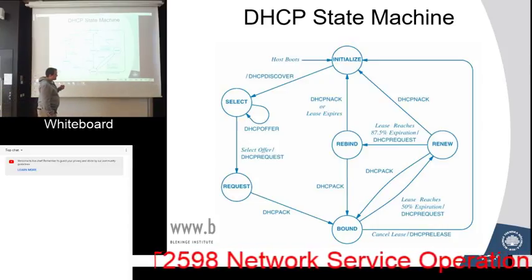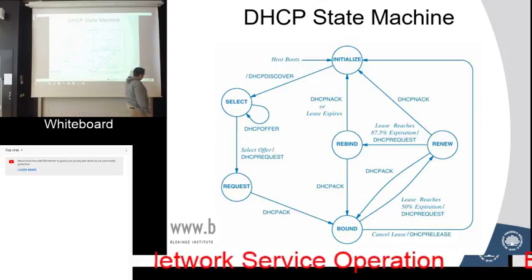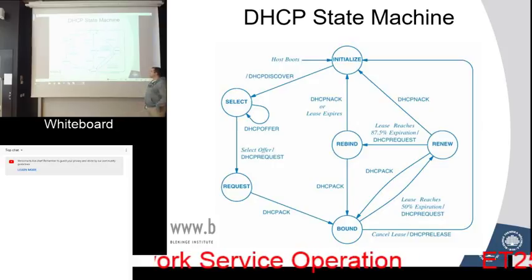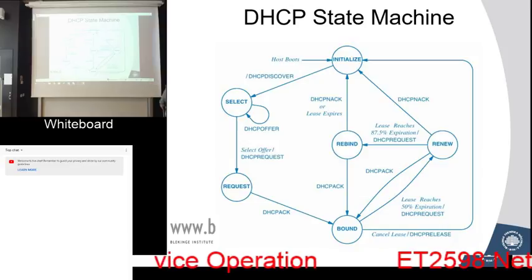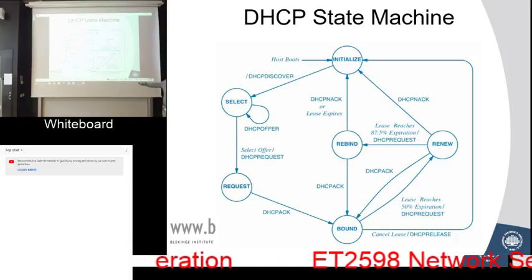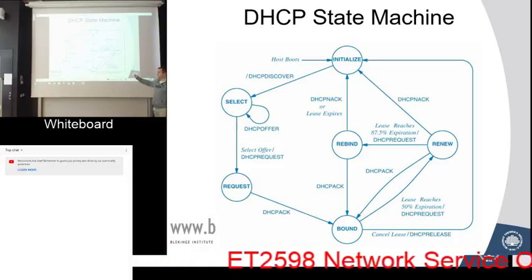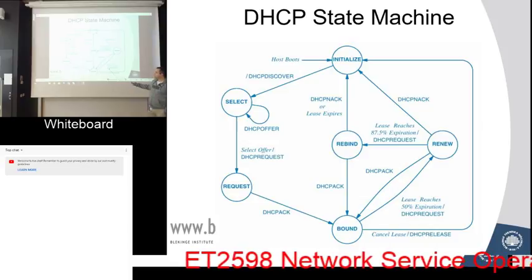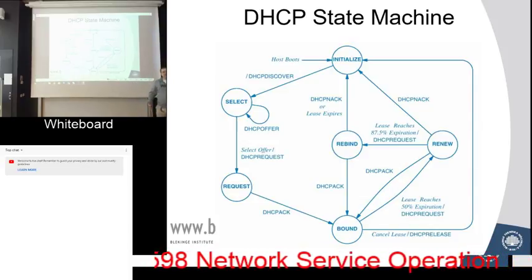When 50% of that time has expired, we have to make a choice. We send a request again. We can always do a leave, but we send our request again. Hey, I got this IP number. Can I keep it?